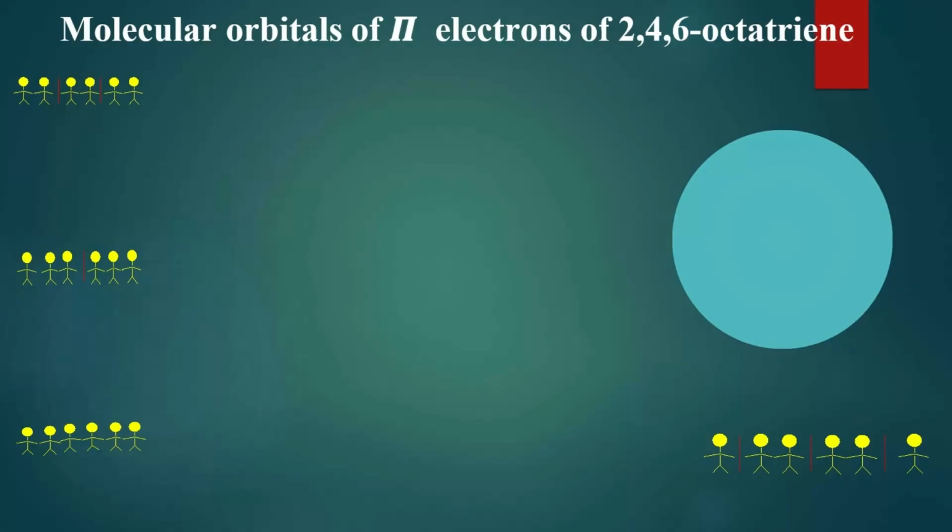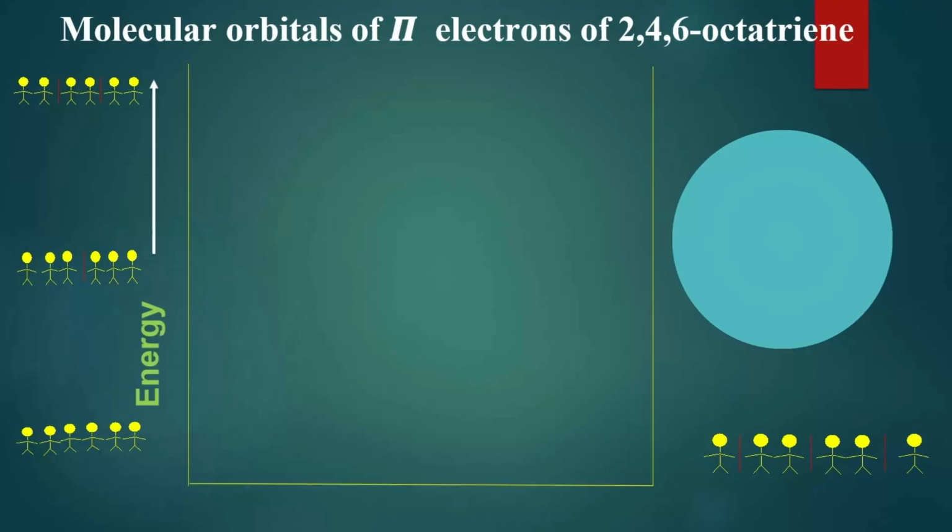As it has 4n plus 2 pi electrons, 6 pi electrons, it has an orbital arrangement whose interaction can give rise to bonding orbitals and anti-bonding orbitals. When it has 6 pi electrons, 3 bonding orbitals and 3 anti-bonding orbitals are possible.